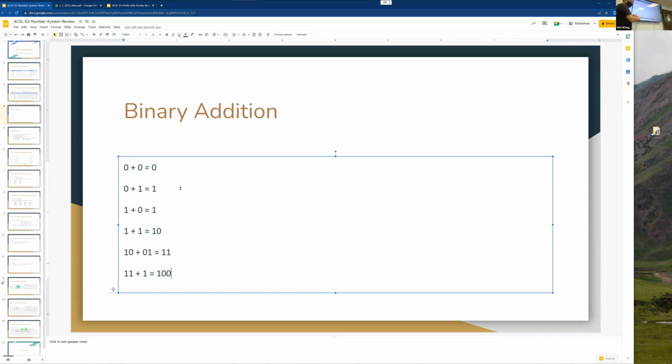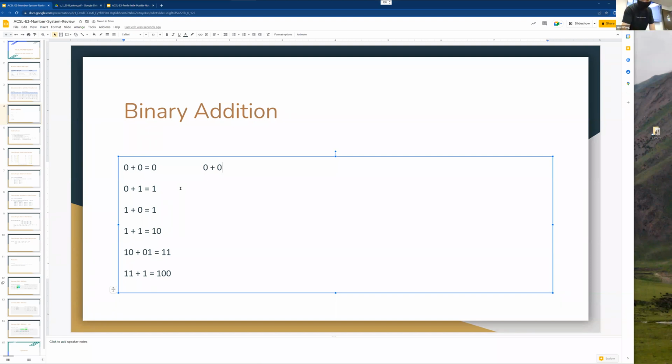That's this third one. And if we convert all these to decimal, remember this is binary we're talking about. So in decimal, this would be 0 plus 0, which is still 0.